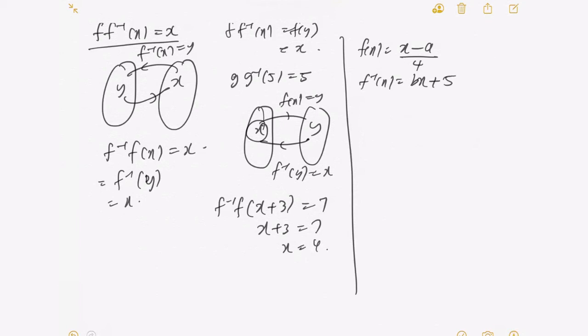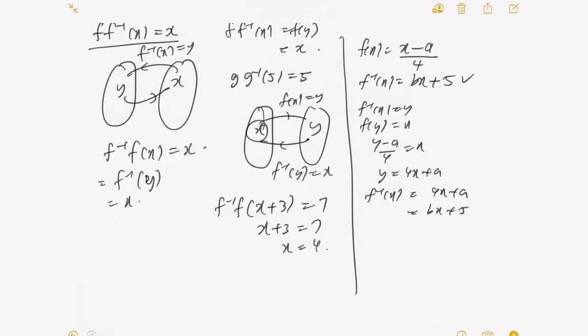We take the first function, inverse it, and compare with the second one, or you take the second one, inverse, and compare with the first one. Let's say I take the first one. I let f inverse x become y. So f y is now x. y minus a over 4 is now x. y is now 4x plus a. This is your f inverse, 4x plus a. And this is also your f inverse, b x plus 5. So by comparison, b is just 4, a is just 5.